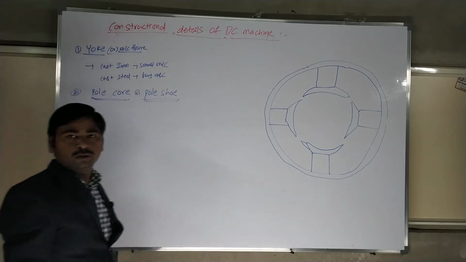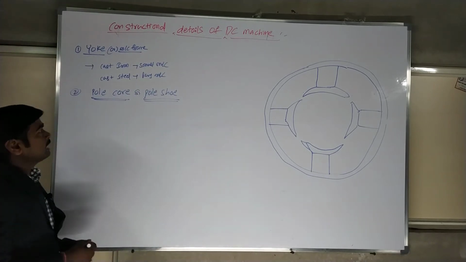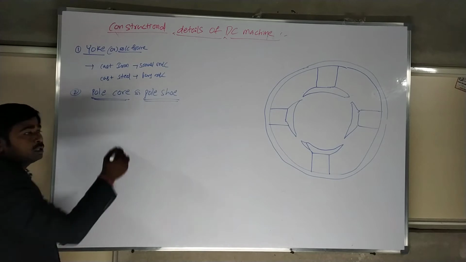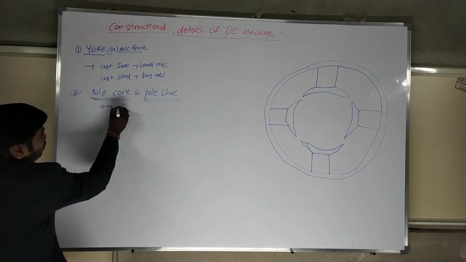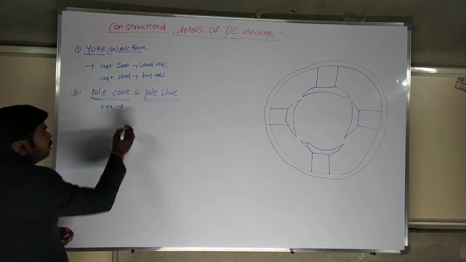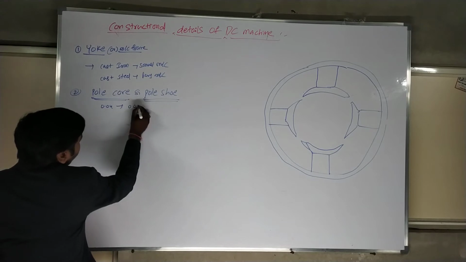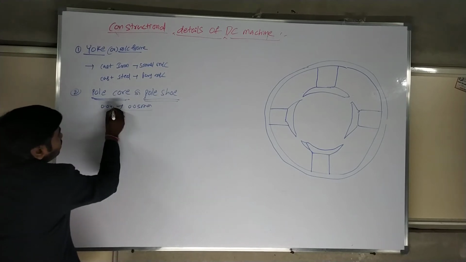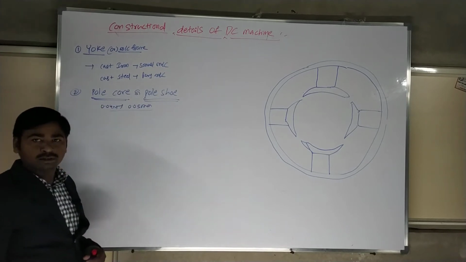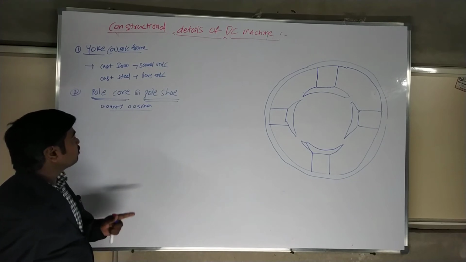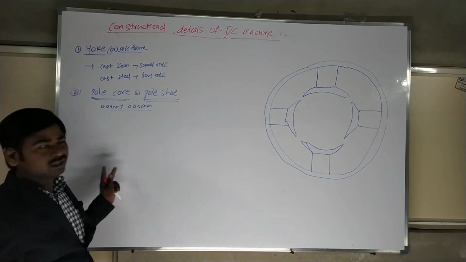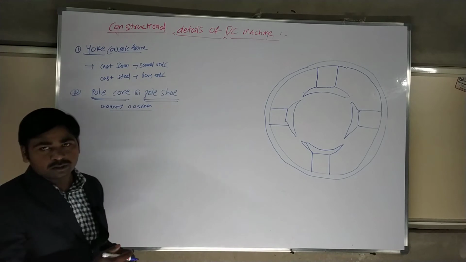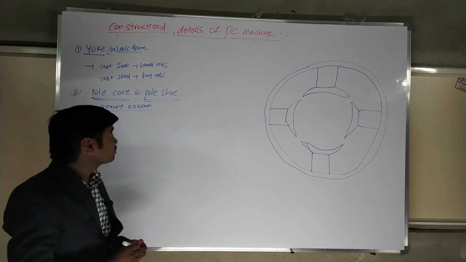So we can reduce eddy current losses with laminations of the pole core and pole shoe, about 0.04 mm to 0.05 mm thick. In this way, the lamination takes place to reduce eddy current losses.